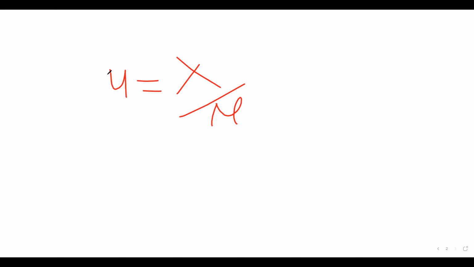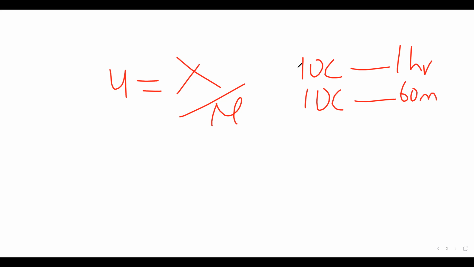Now the question first of all said the system has one facility and it can serve 10 customers per hour. Okay, 10 customers per hour. So we are looking at 10 customers every 1 hour, that is 10 customers every 60 minutes. That's what it means. The customers arrive at an average rate of 6 per hour.